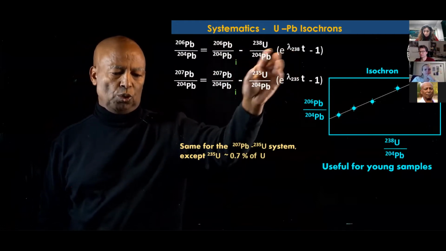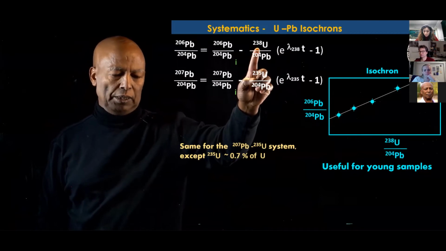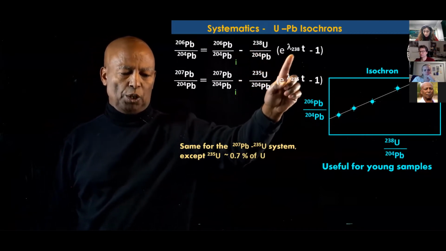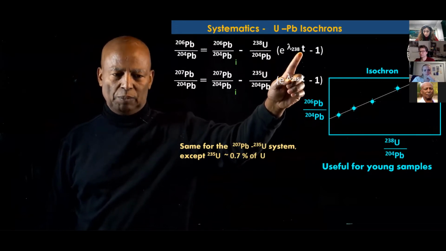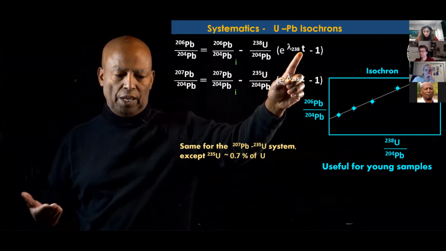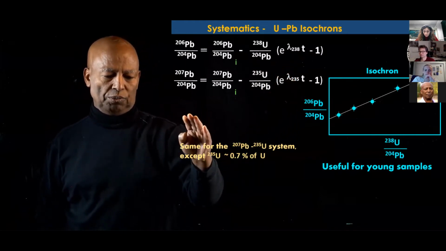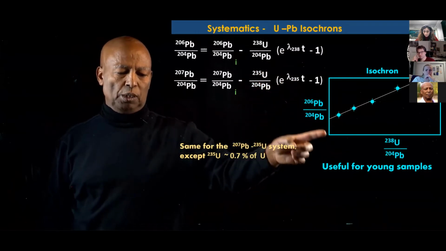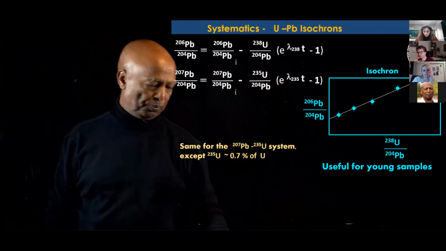The production term is basically the amount of uranium-238 times the exponential of the decay constant of 238 times the time in which the system was separated, i.e. the age, minus 1. You can do the same equation for 206, 204 and get two independent isochrons for the system.